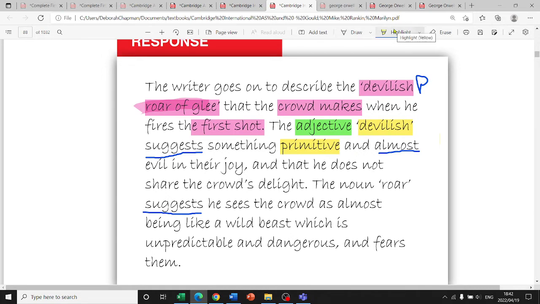Words like suggests and almost mean that basically you're saying it's like that, that's what I see. Because that word glee means happiness, there's that juxtaposition almost of devilish and glee. And he's likening the crowd to almost some sort of primitive evil beast.